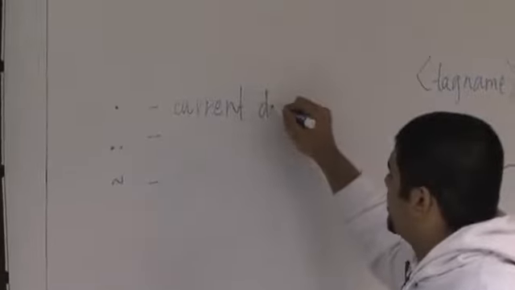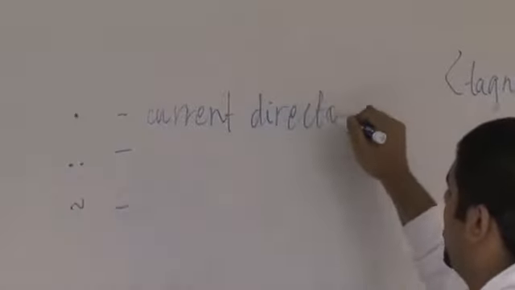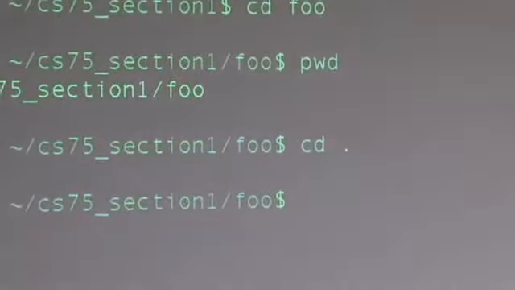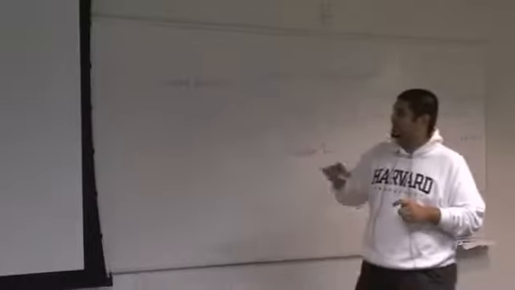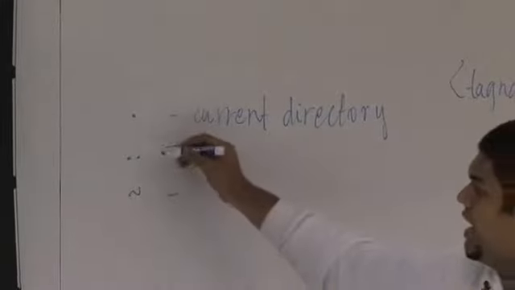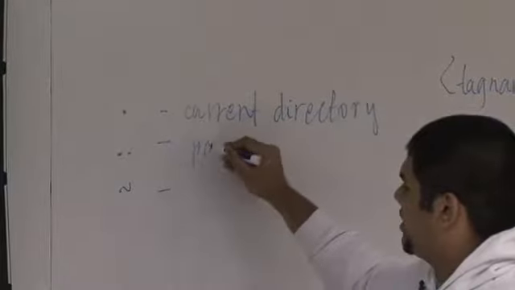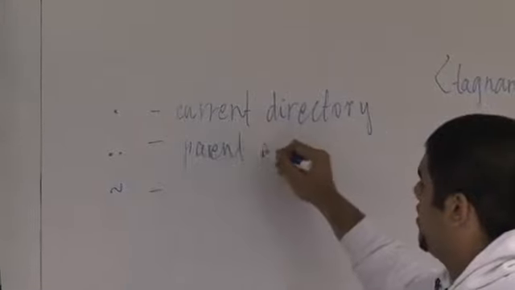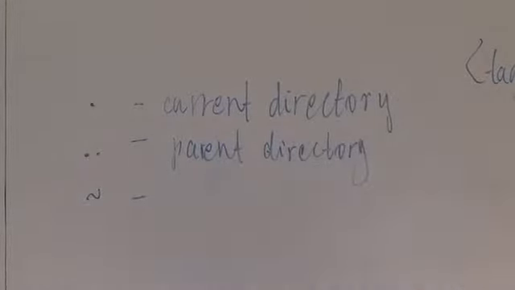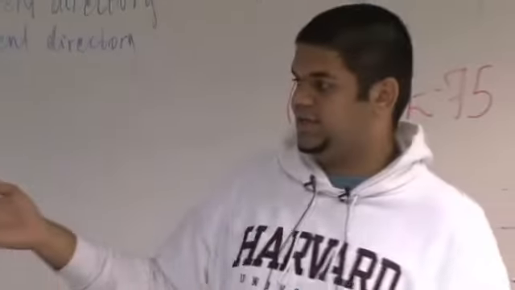So in any directory, if you type cd dot, it basically stays in the same directory. So you're basically saying change directory to the current directory, so it does not move. The double dot refers to the previous parent directory, which in this case is CS75_section1.